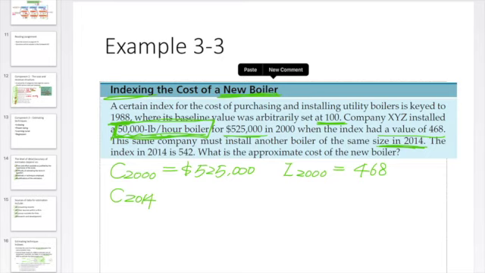So C 2014 is something you don't know. But what you know is the price index of this boiler in 2014 is 542. So which means the I 2014 is 542. Okay, so this is pretty much what's given and what's asked.